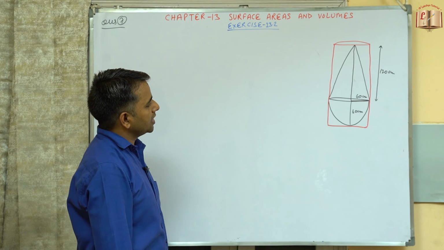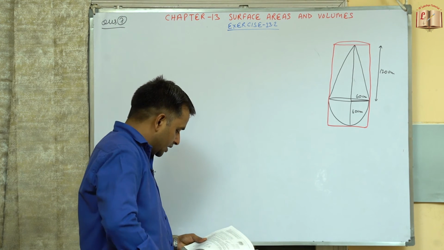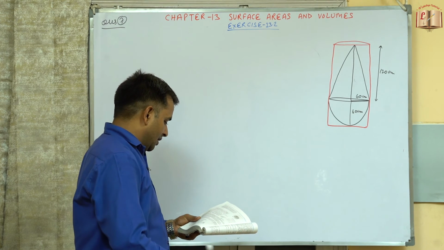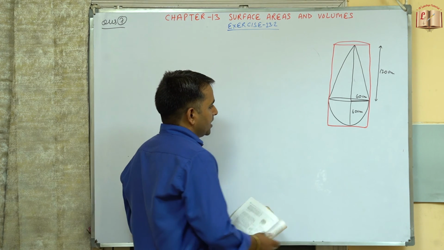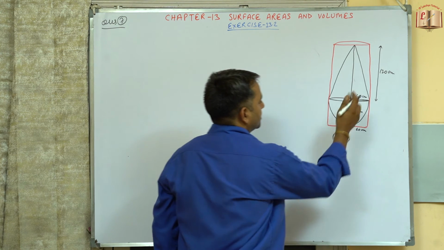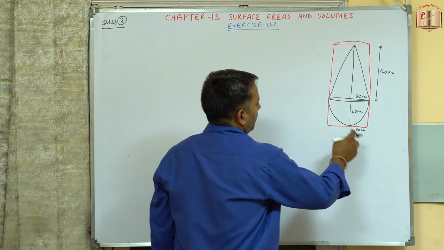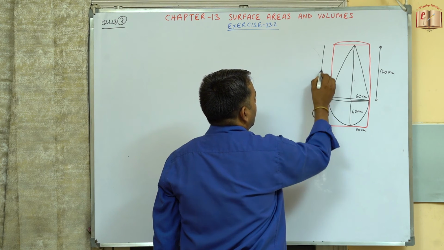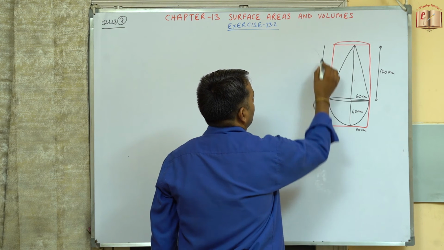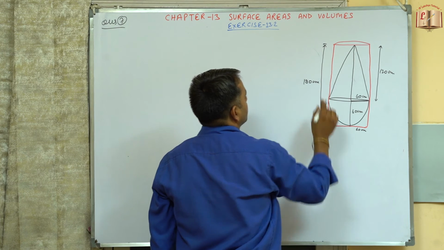The complete structure is put into a right circular cylinder and it is given that the radius of the cylinder is 60 centimeter. Radius is same. This is 60 centimeter and height is 180, and this complete height of this structure is given as 180. So this is 180 centimeters.